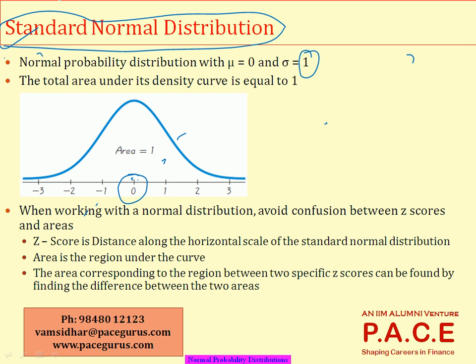But if I transform that distribution so that its mean is 0, we'll see how to transform it slightly later, but if any normal distribution has a mean equal to 0 and standard deviation equal to 1, we call it a standard normal distribution.